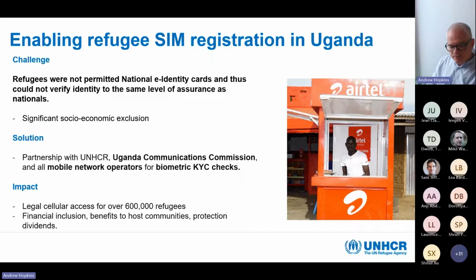So here we have a really good example of collaborating with a state authority to come up with a solution for making sure that refugees were able to access telecoms and SIM cards and cellular access, for over 600,000 refugees across the country of Uganda. Very successful program, and really overcoming some regulatory hurdles that we finally worked through, and were able to provide a good digital solution there.